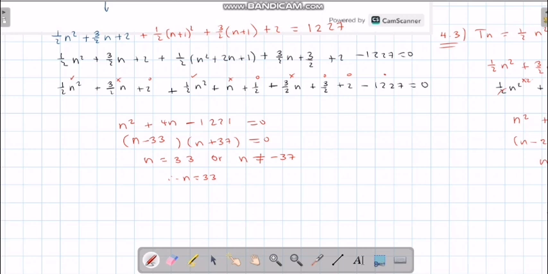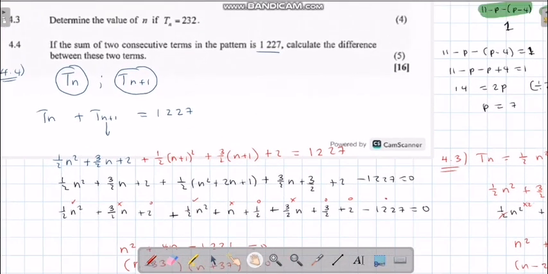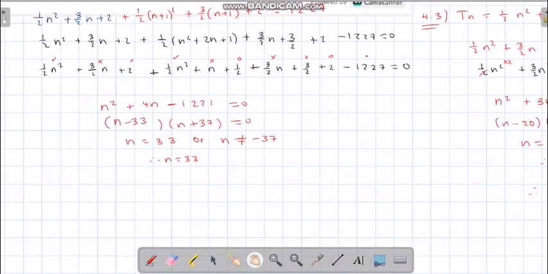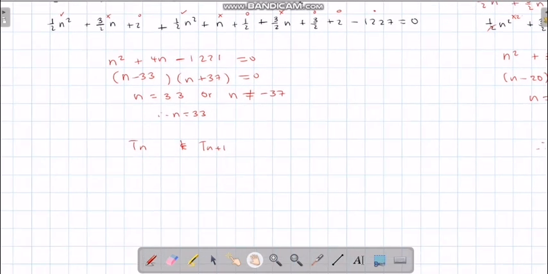So now the equation says that when we add those two, they give us 1227. But the question said we should find what? The difference. Find the difference between those two terms. So now we have managed to see which of the terms is term number 33. We said it's between tn and tn plus 1, so the first term is term number 33 and the other one is term number 34.